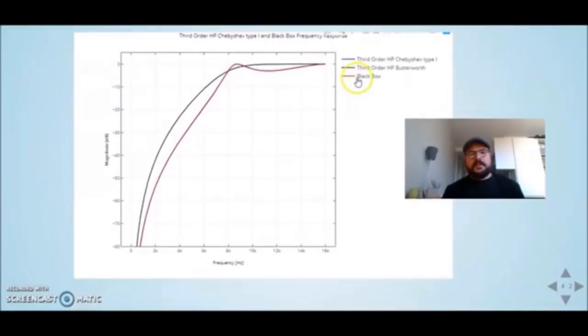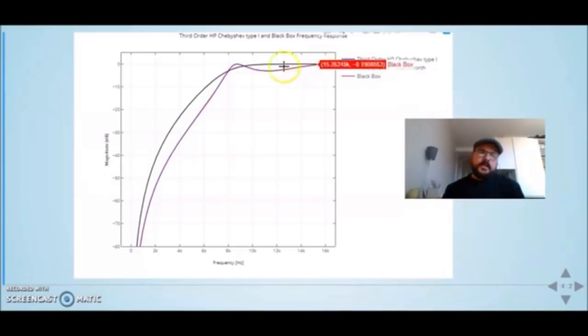We see that the black box and the third order type 1 Chebyshev filter are very close to each other, so it could be a very good approximation. We have much more attenuation in the Chebyshev, even at the same order as the Butterworth filter.